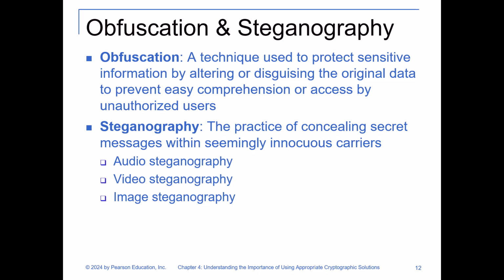Obfuscation might be as simple as taking a command and running it through an algorithm to get base 64 code that doesn't actually look like the original process. That way, when you execute it, it does what the code is supposed to do, but it doesn't resemble it.